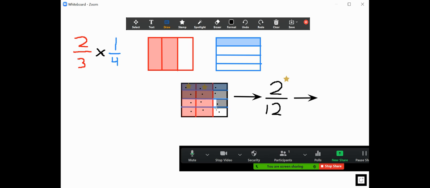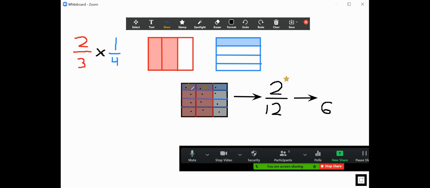If I have 2 parts here, that's 4. 2 parts here, that's 5. And 2 parts here, that's 6. 1 whole and 6 total parts. Well, if there's 6 total parts, that means that our denominator is 6.